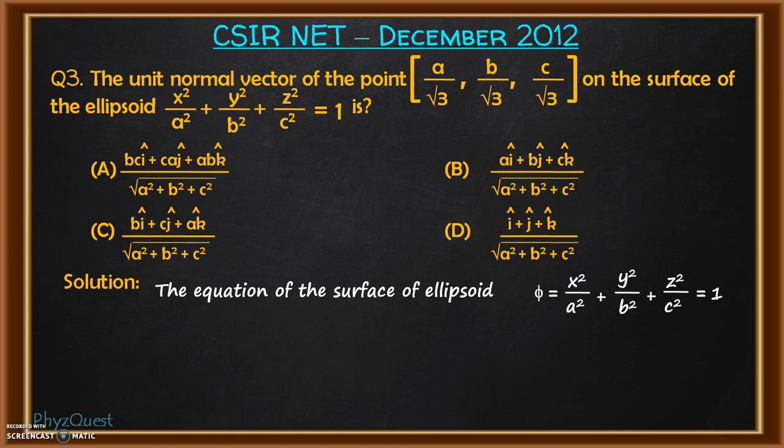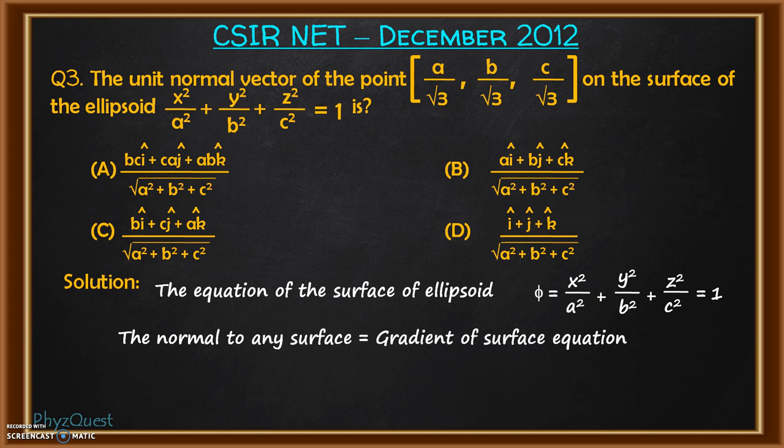And here we need to find out the unit normal vector to the surface at a particular point, which is given as a by root 3, b by root 3, c by root 3. Now again, the normal to any surface is the gradient of the surface equation, which is gradient of phi.